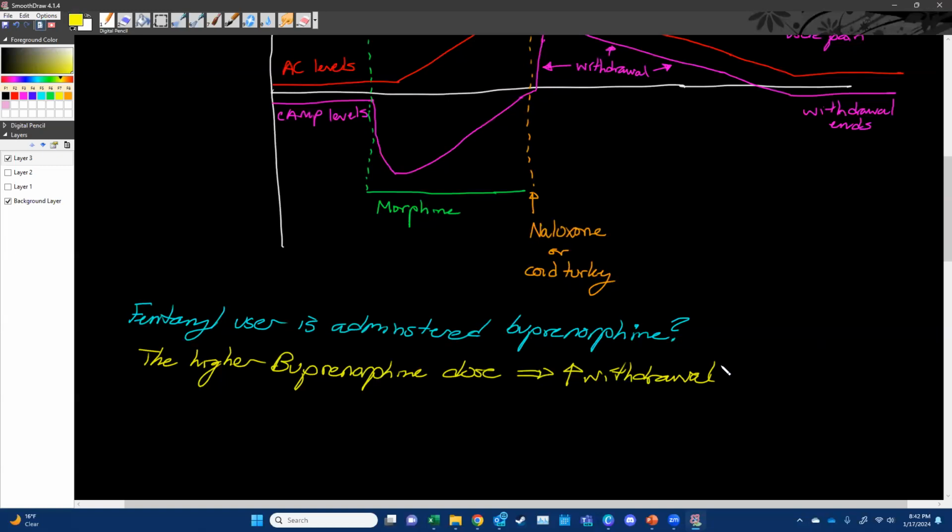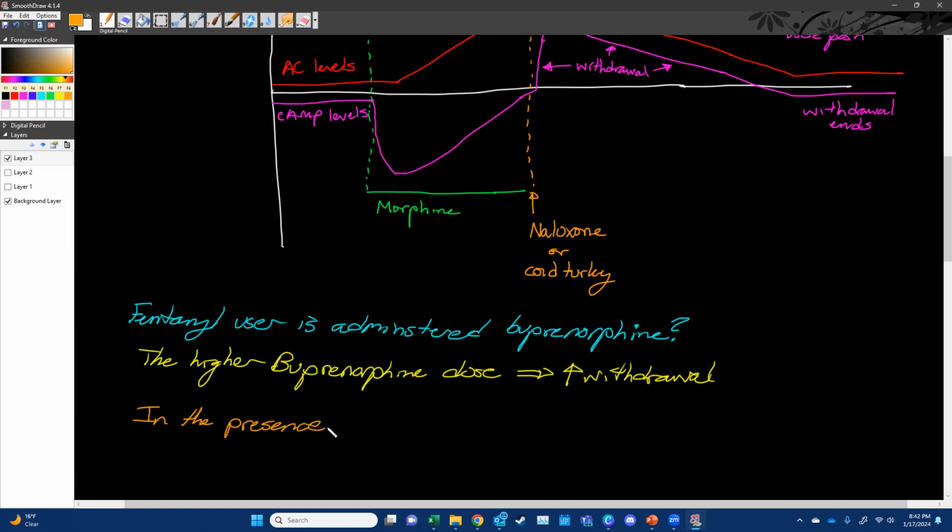Think about the pharmacology of buprenorphine. There you go. It's a partial agonist.